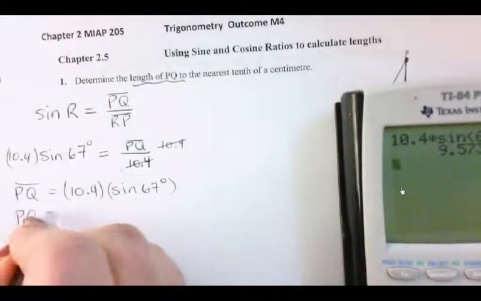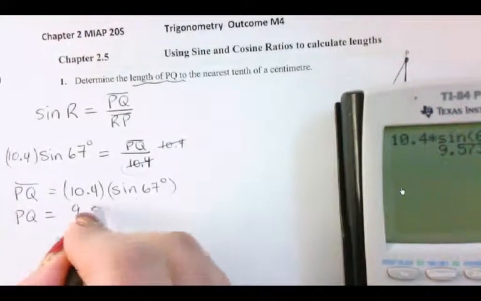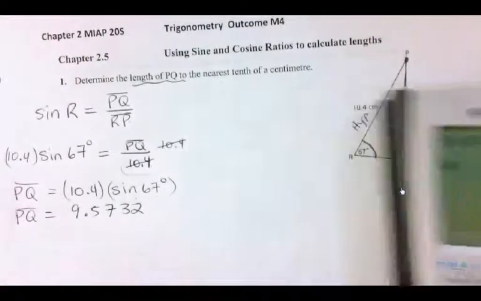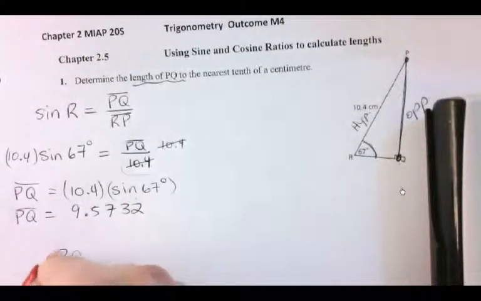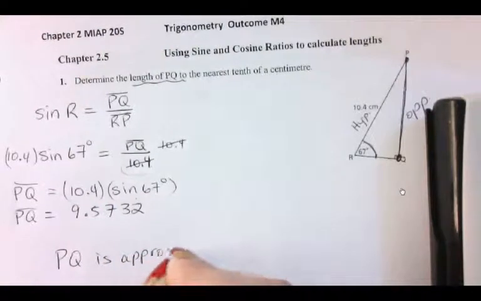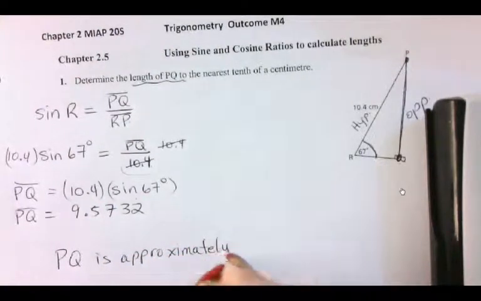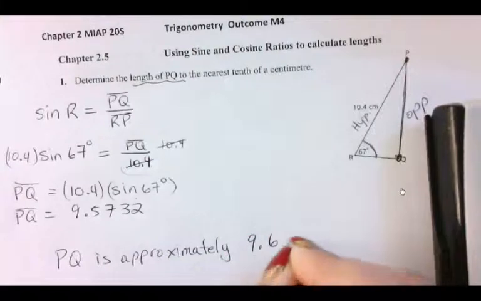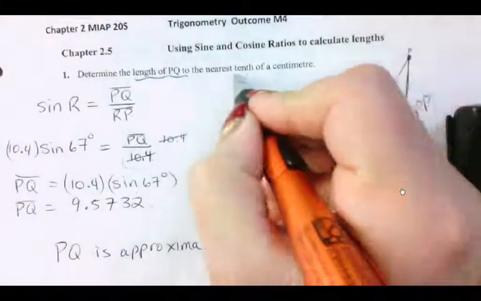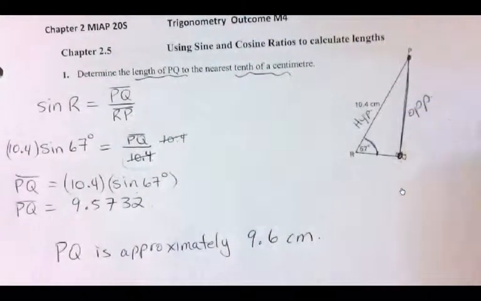So PQ is equal to 9.5732. So your statement is going to be PQ is approximately 9.6 centimeters. Now, why did I round it to one decimal place? Because it says nearest 1/10 of a centimeter.